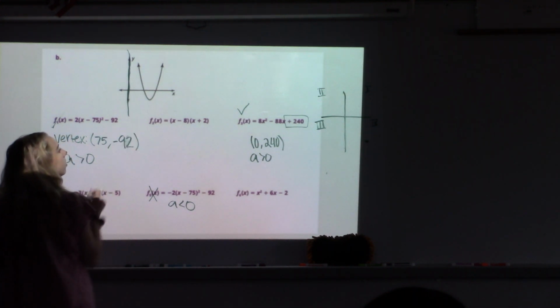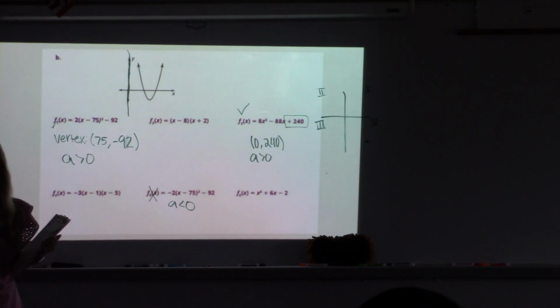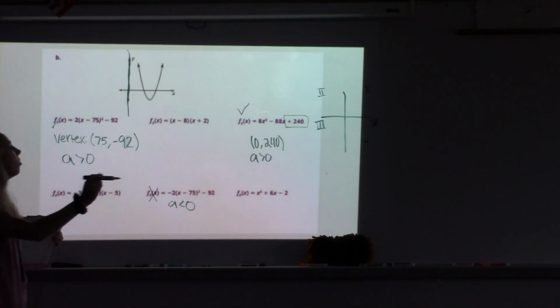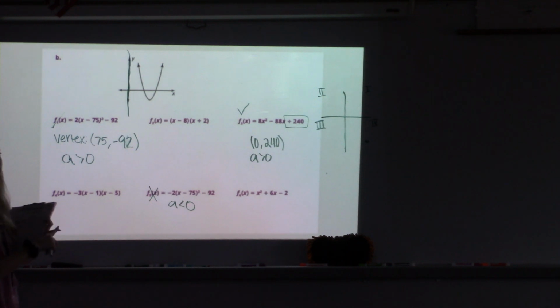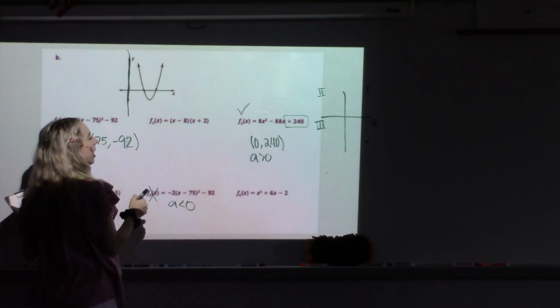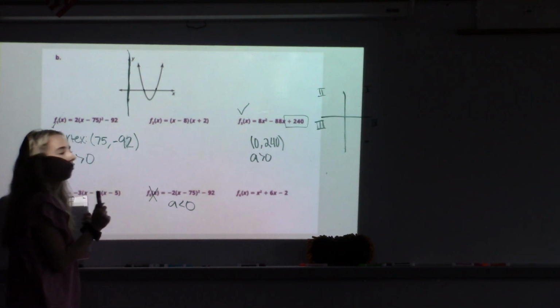The x-intercepts are going to be negative. How do you know the x-intercepts are going to be negative? Right, so one would be positive and one would be negative. And over here, these are two positive x-intercepts. Yeah.